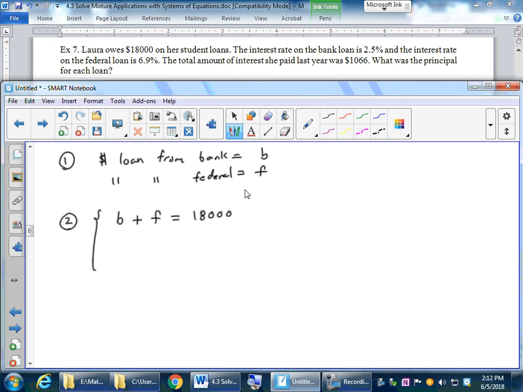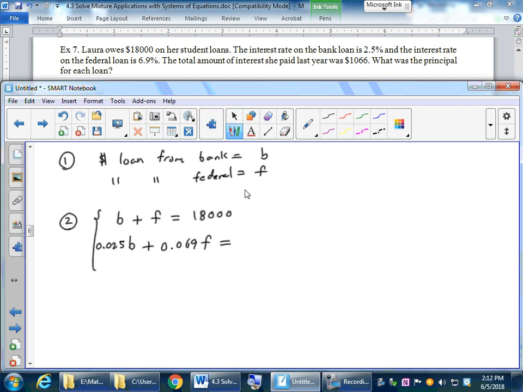So now the interest. The bank charges interest of 2.5%. So in 1 year, that will be 0.025 times the principal, which is how much is in the bank loan, plus 0.069 on the federal interest rate. That will give me the interest.